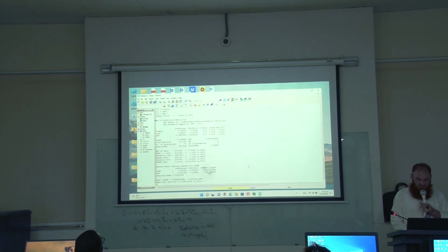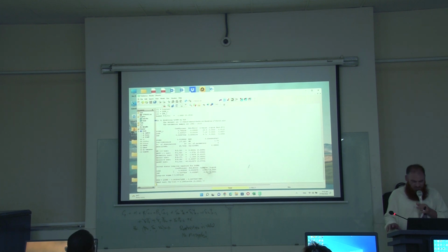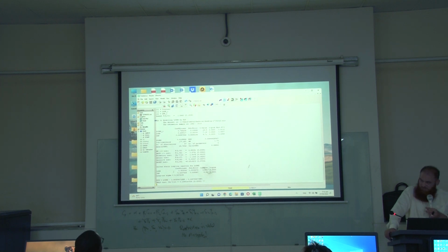This is your static long-run relationship between GDP and inflation and consumption. What this is telling you, basically the equation is written in the bottom. L cons equal to 0.98 times LGDP plus 0.02 times inflation.